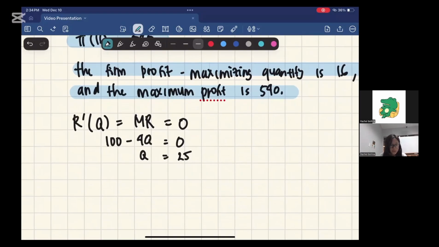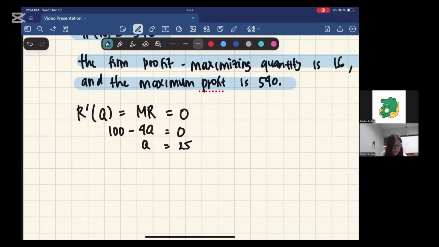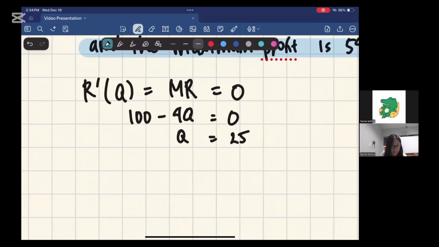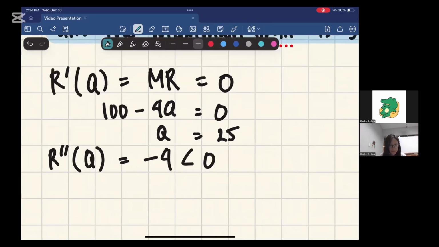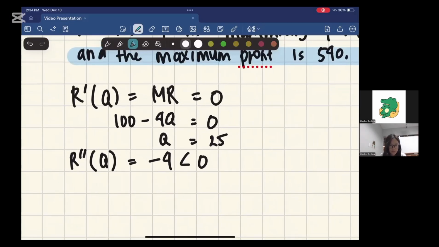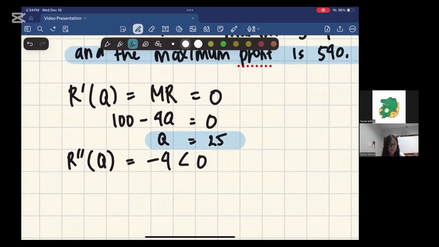And now we need to check the second derivative, which is negative 4, less than 0. So basically revenue is maximized at 25 units.